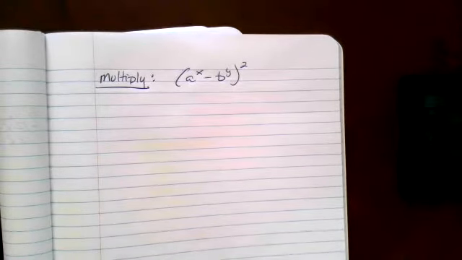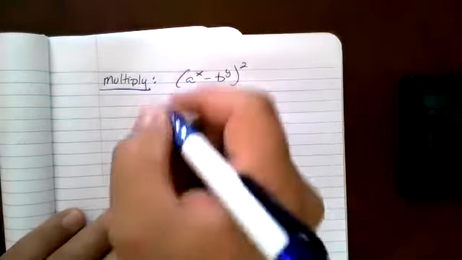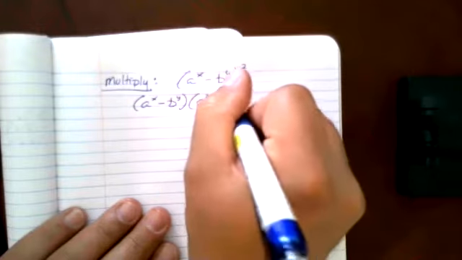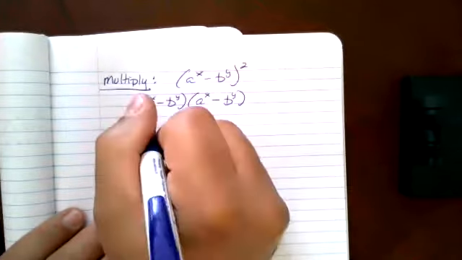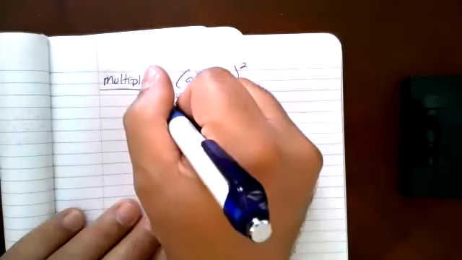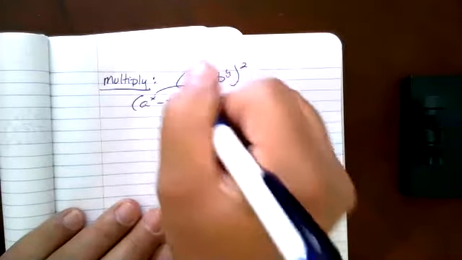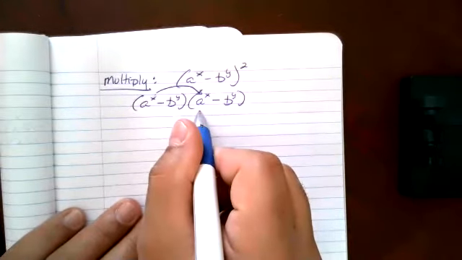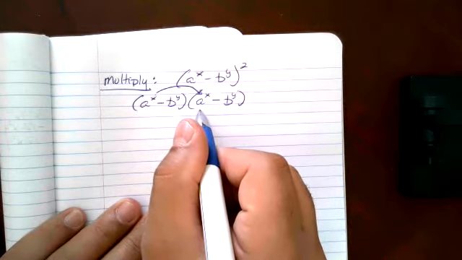All right, the easiest way probably to start this is maybe to expand it. I think most students are more comfortable that way, and we could do step by step. If I have a to the x minus b to the y times a to the x minus b to the y, and I distribute my first term, a to the x times a to the x, I want to be aware of my properties of exponents.